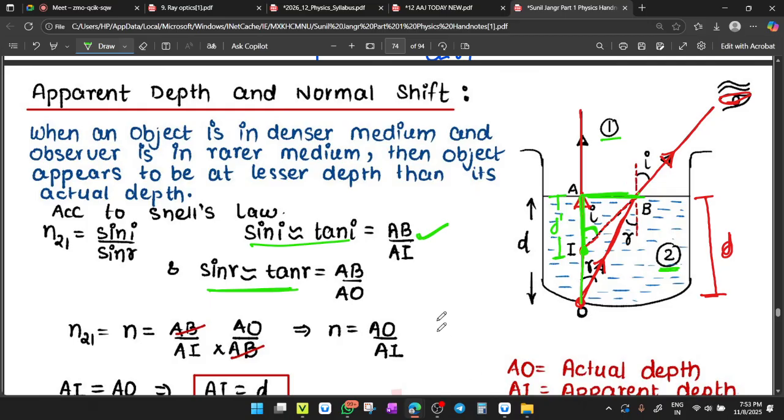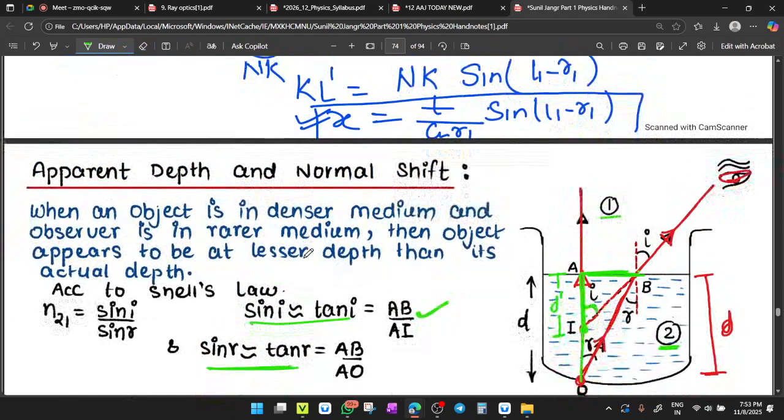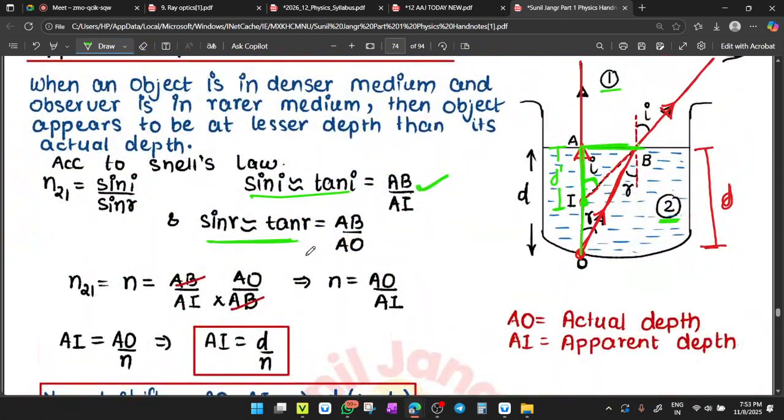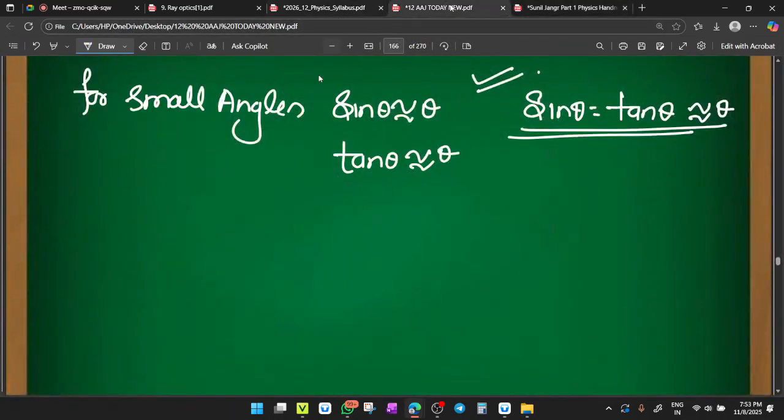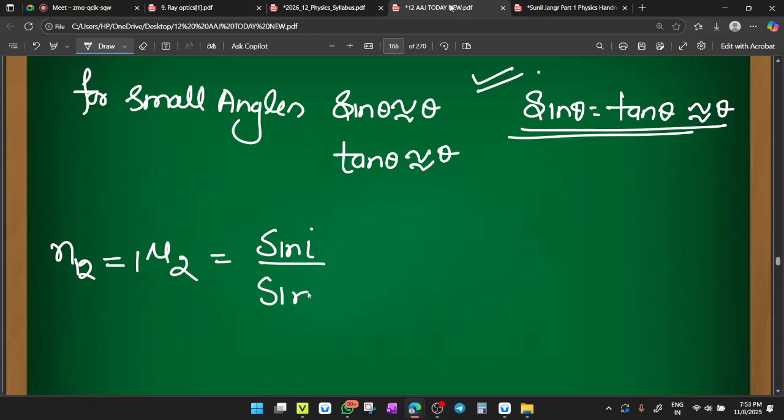Now place the value of n21. n21 is the refractive index of the second medium with respect to the first medium. It is also called 1mu2. So n21 equals 1mu2 equals sine i upon sine r.